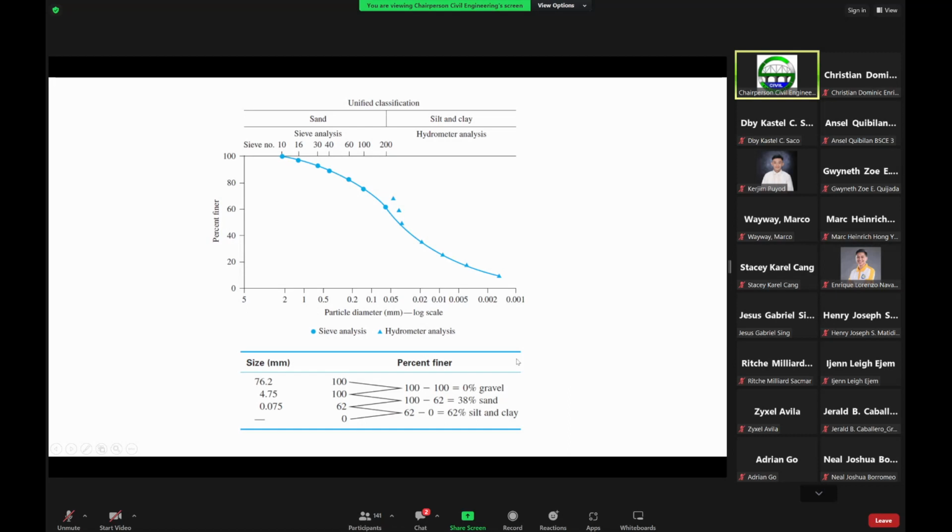So this is only applicable if you want to know the percentage of gravel, sand, and silt and clay. If you still want to break this down further, then you can do the hydrometer test to break down the percentages of the silt and clay.